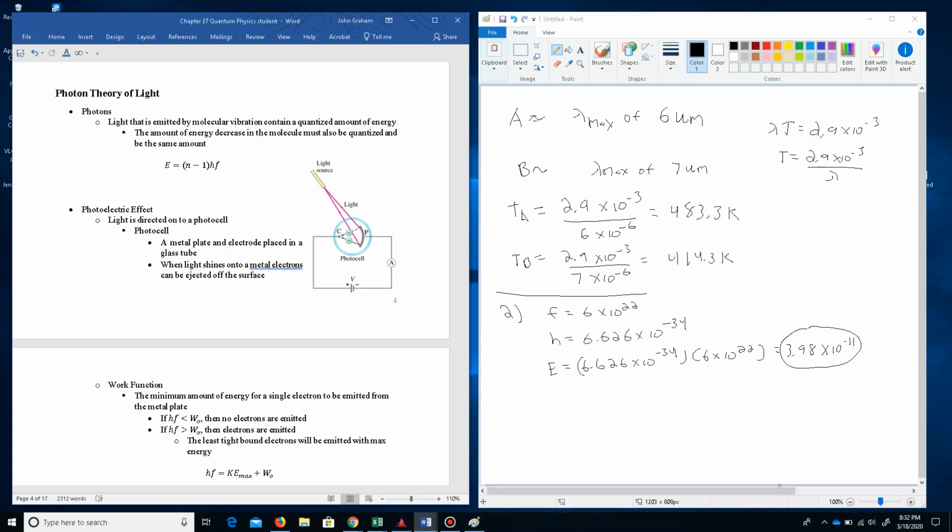And the amount of energy decreased in the molecule must also be quantized and be the same amount. And so this energy is going to be equal to n minus 1 times hf, which is that energy packet.